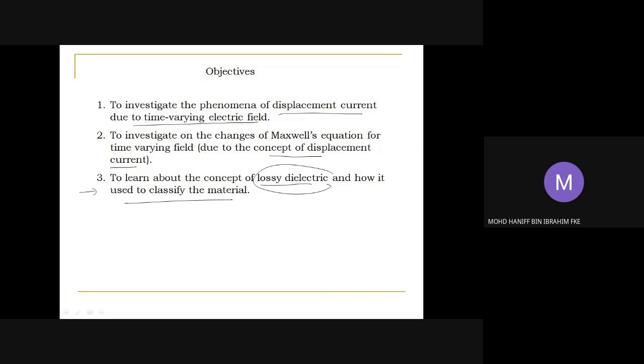So these are the objectives for lecture 22.